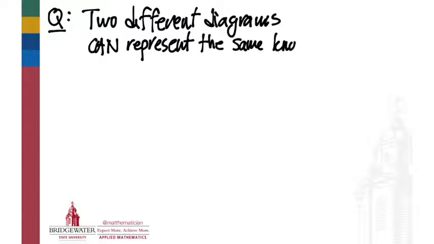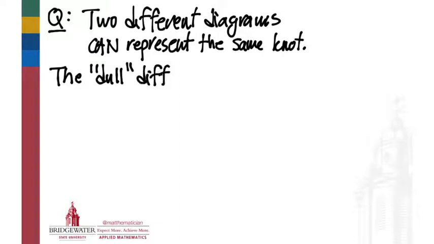What differences in diagrams actually give us the same knot versus different knots? And so we call them dull, the dull differences that give the same knot, that leave the knot unchanged.